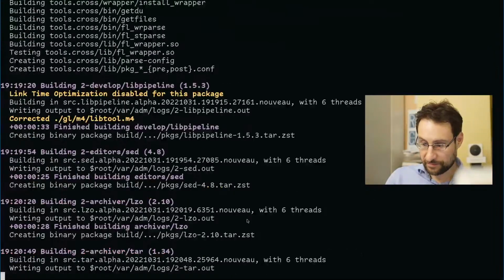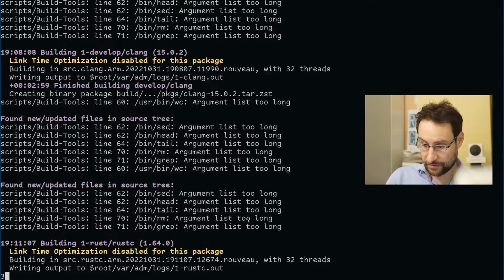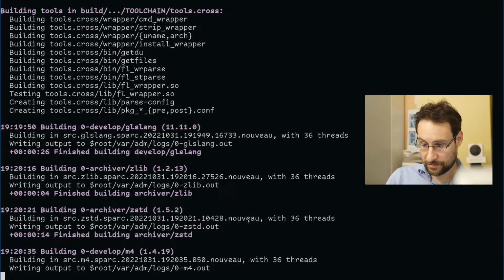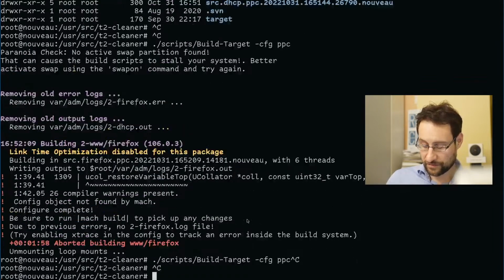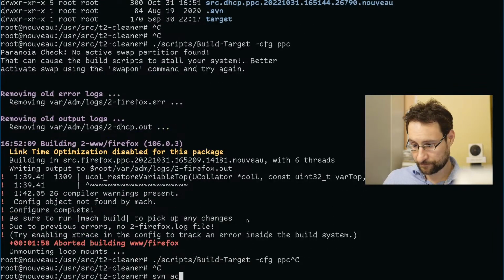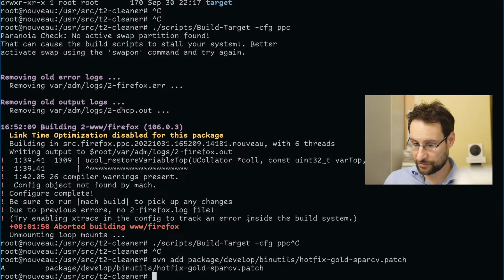where's our Spark build? Did Spark build? Is that our Spark build? No, that is Alpha. Oh, there's Spark. Oh, the Spark build. So we can commit that quirks. It's like, yeah, totally many people use gold on Spark.